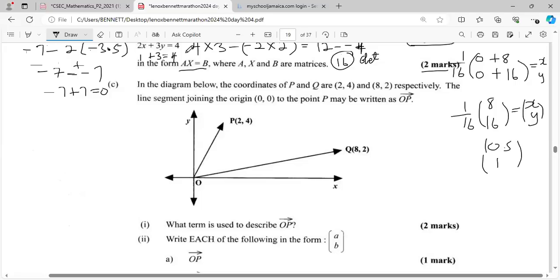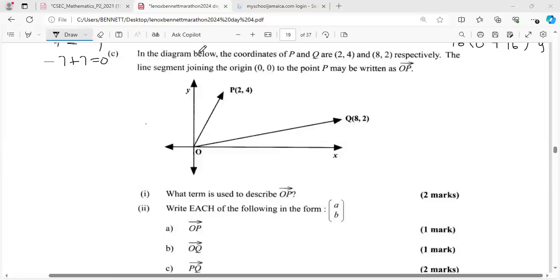Alright? So see if we can figure that out, guys. 3 marks. Alright, so it says in the diagram below, the coordinates of P and Q are 2, 4, and 8, 2 respectively. The line segment joining the origin, which is 0, 0, to the point P may be written as OP.